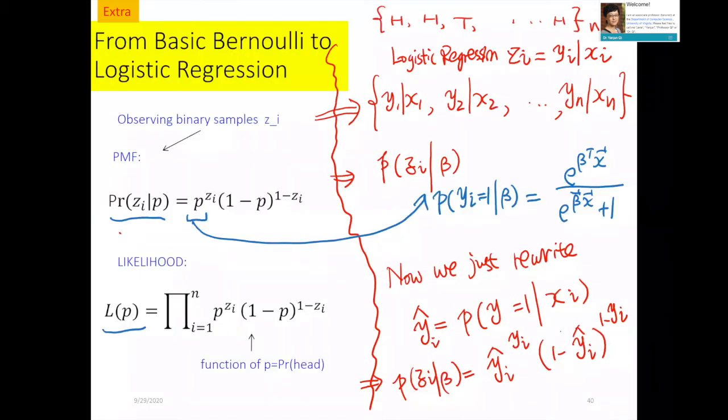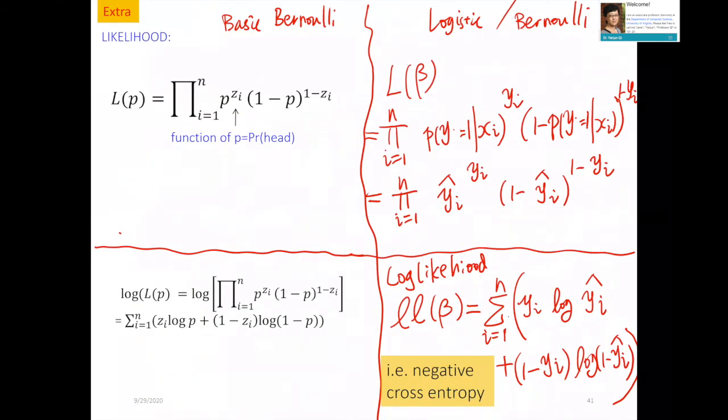Here I rewrite the notation: I rewrite P(y_i = 1) as y_i hat, which is my y_i prediction. With this notation, what I get is this specific form. If you take a minus, this is the summation from i equals 1 to n of y_i log y_i prediction plus (1 minus y_i) log (1 minus y_i prediction).